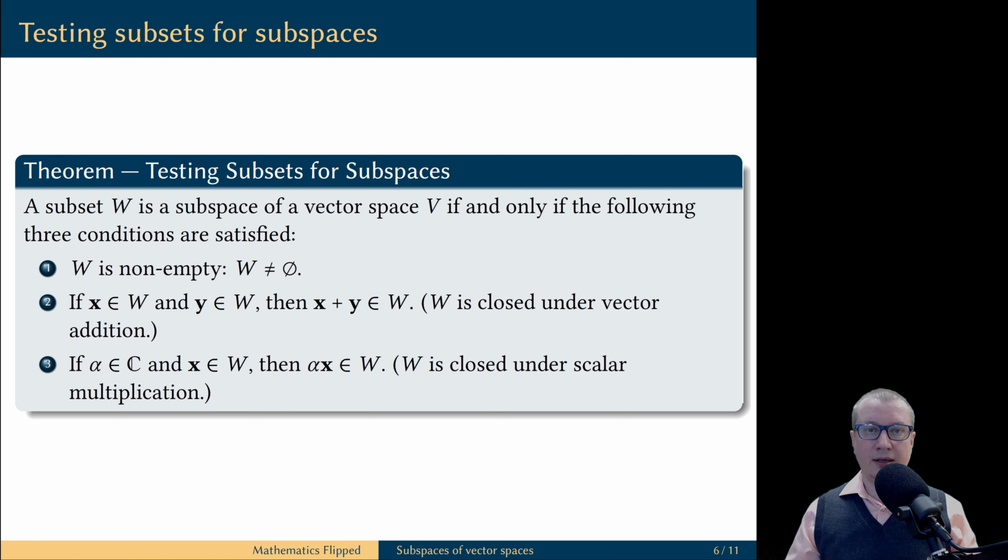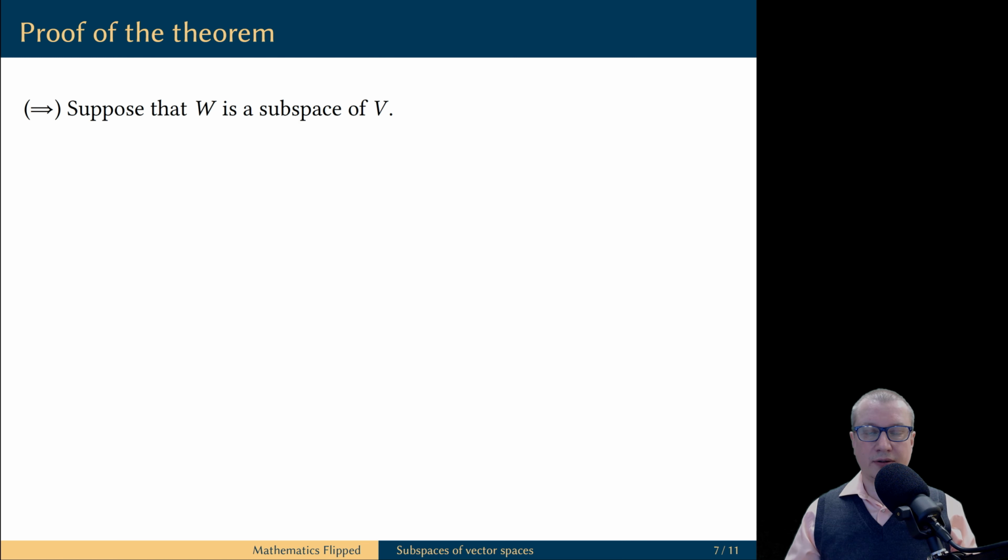This is an if and only if statement, and therefore there are 2 implications for us to establish. Let's start with the forward implication. We are going to assume that the subset W of V is a subspace of V, and then we need to prove that the 3 conditions are satisfied.